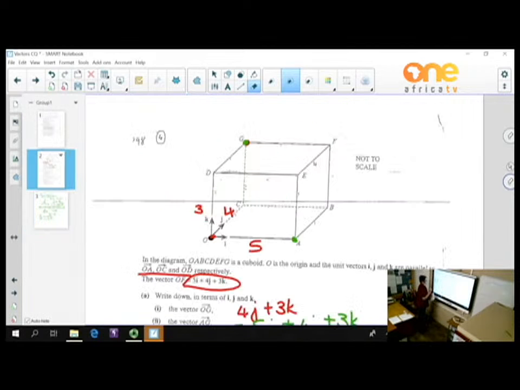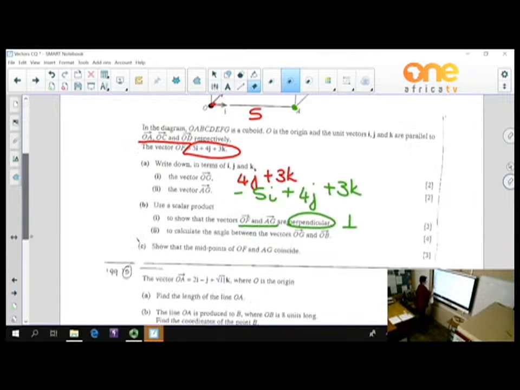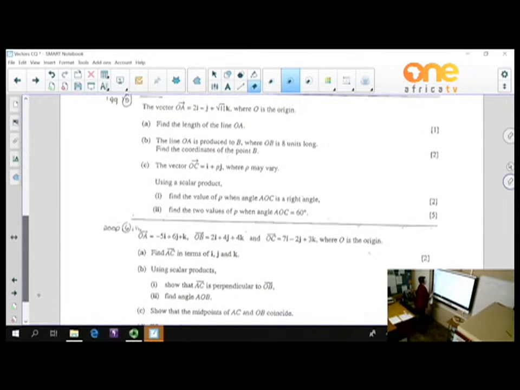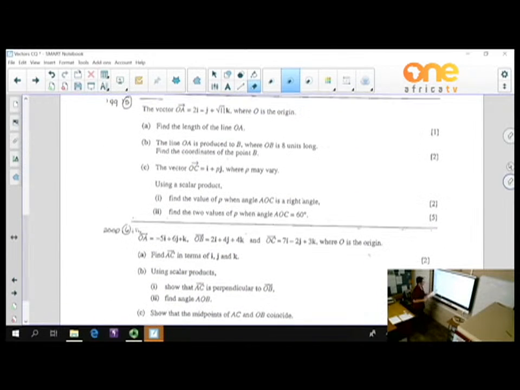Right, now the next question is now, we're looking now at number 4. Question 4, and there we have question 4. 5, actually question 5. The vector OA is 2i minus j plus square root 11k, where O is the origin.